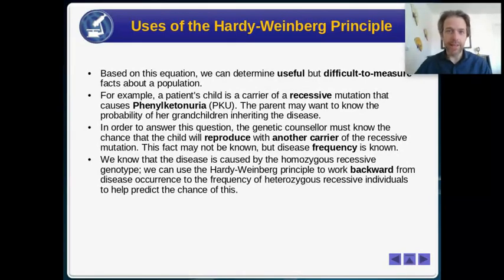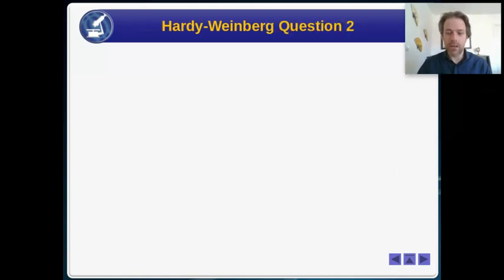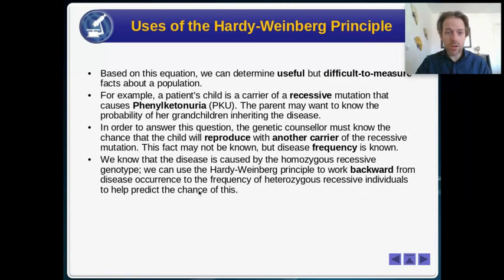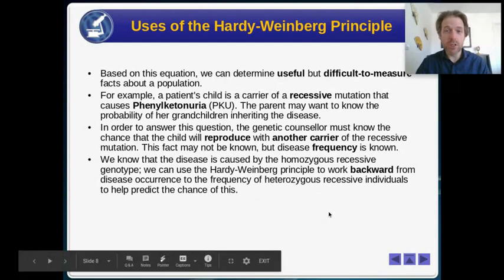We know their allele combination, their genotype. So what we can do is work back to figure out how many people in the population will be a heterozygote, who might, if they meet and reproduce, produce a child with the homozygous recessive.